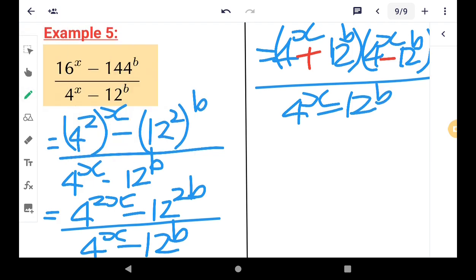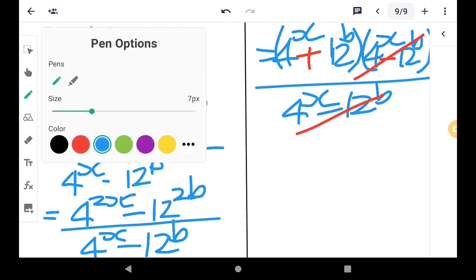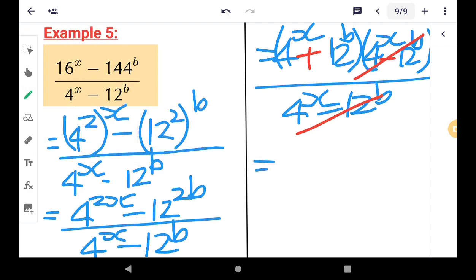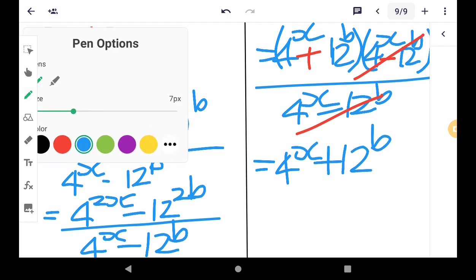The 4 to the power of x minus 12 to the power of b cancels with the one at the top, and you are left with 4 to the power of x plus 12 to the power of b. And that is your answer.